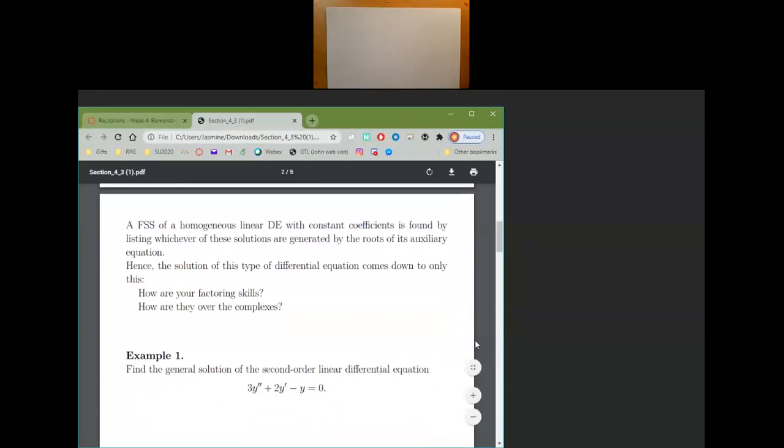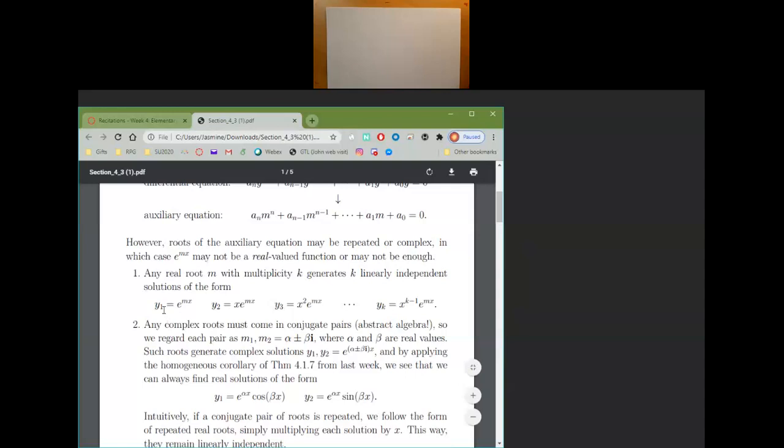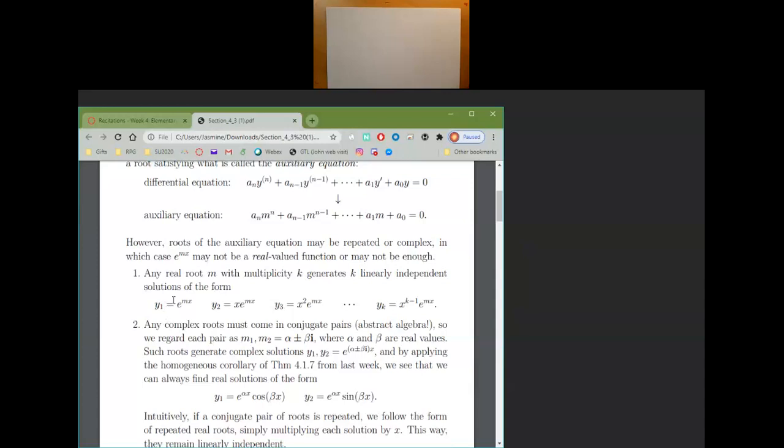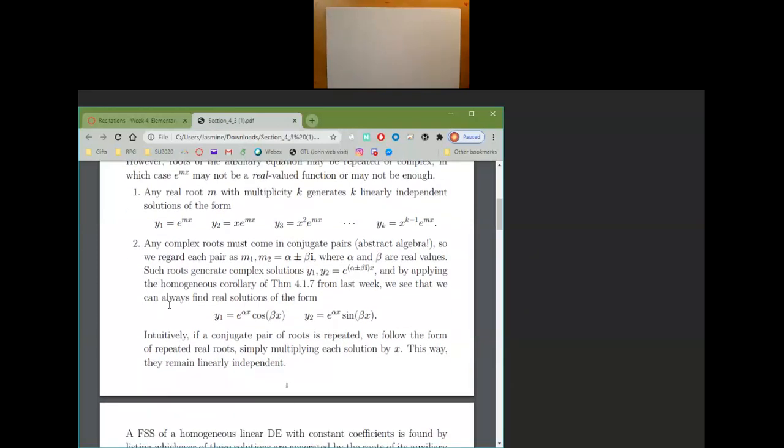But yes, a fundamental set of solutions to a homogeneous linear differential equation with constant coefficients is found by just making a list of all of the solutions that are generated by the roots, as listed here, right? If you have a root with multiplicity 5, then you'll have y1, y2, y3, y4, y5 from this list, all as your c1 times y1 plus c2 times y2, etc. And if you have a complex root on top of that, you'll just have a plus c6 times this, plus c7 times this, right?